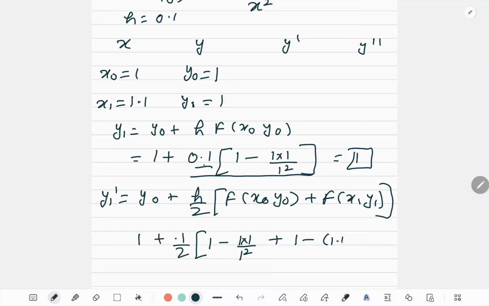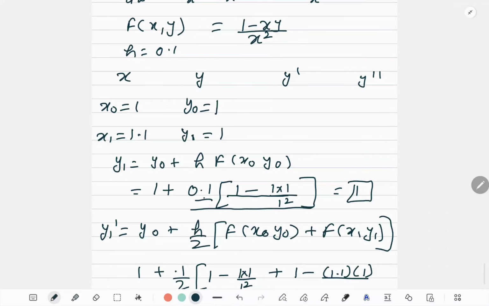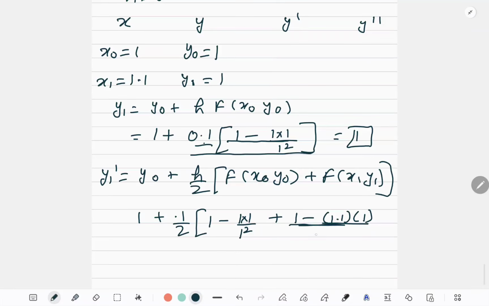So 1.1 into 1, upon x square. Check the function, it is below this whole thing. Here it was 1, so it has not affected the answer, but here it will affect. So upon x square, 1.1 square. Right, here also it should come like this.